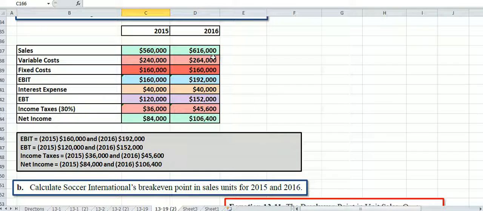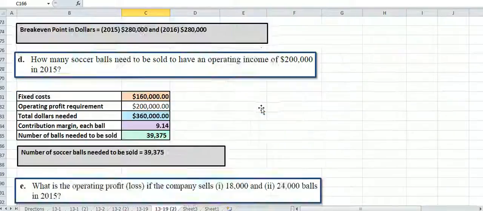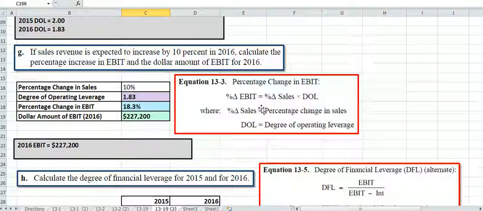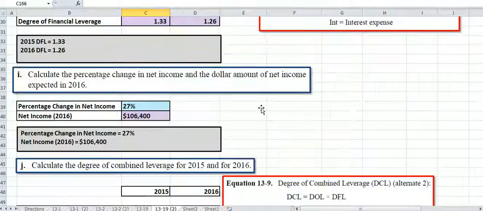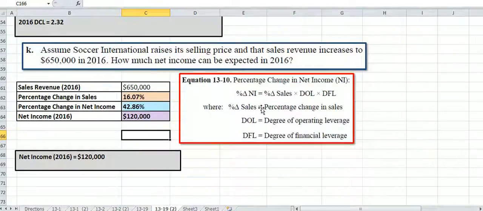you can tell if you were the financial manager and your goal was to get to, well, let's go way back down, to get to 120,000 in net income, you'd say we'd have to have an increase in sales revenue up to 650,000, and then just calculate what price you'd have to charge.